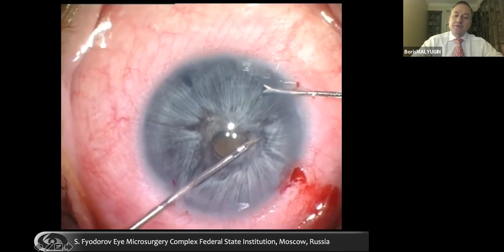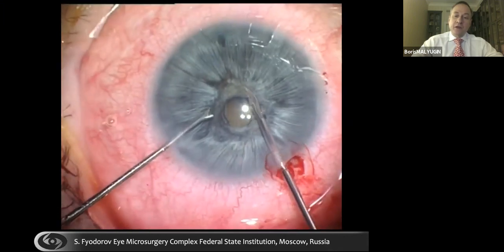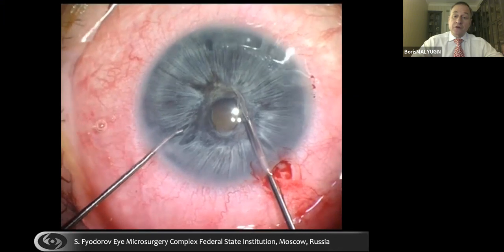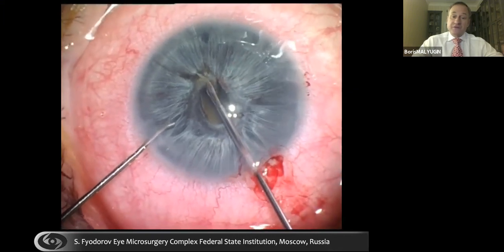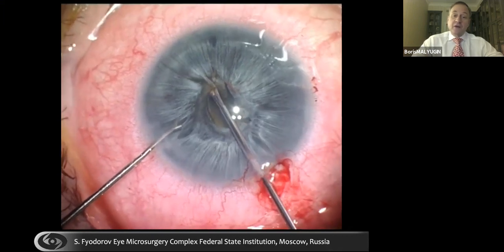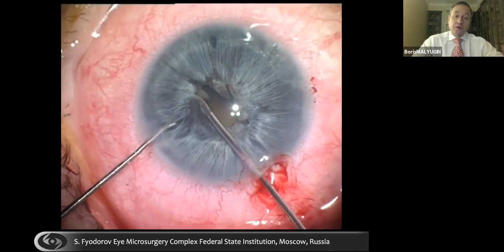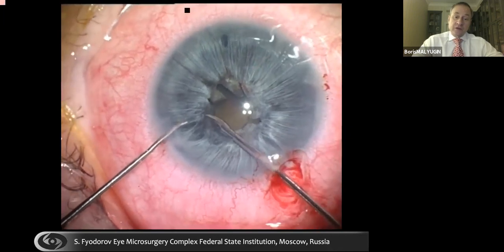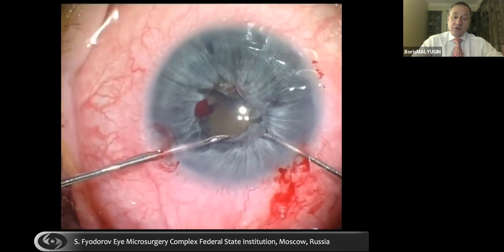And for that, we need to cut all the way through that membrane in order to get this significantly fibrotic tissue to be broken in several pieces. And then by that, it's possible to expand the pupil.